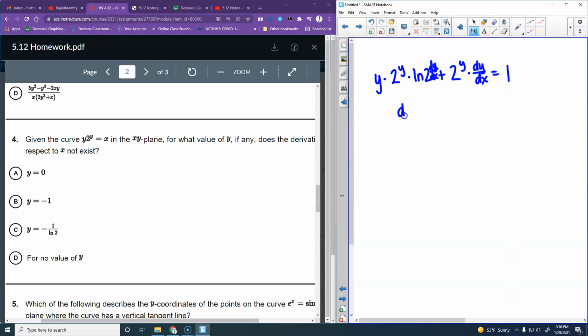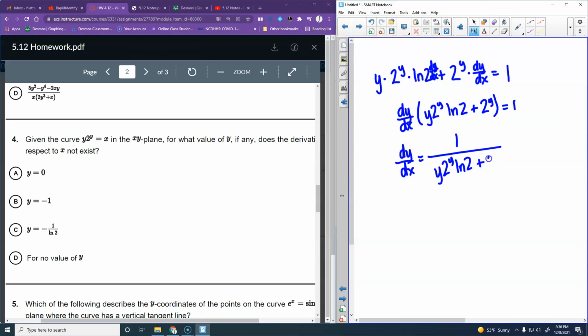So if I factor out my dy/dx, I have y 2 to the y natural log of 2 plus 2 to the y equals 1, so I get dy/dx equals 1 over y 2 to the y natural log of 2 plus 2 to the y.